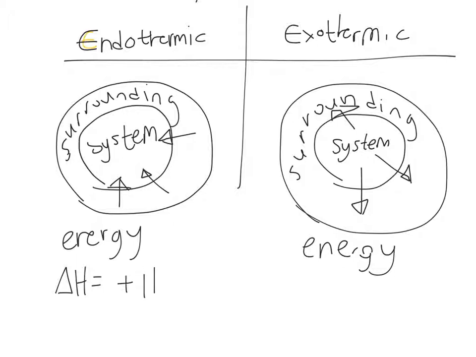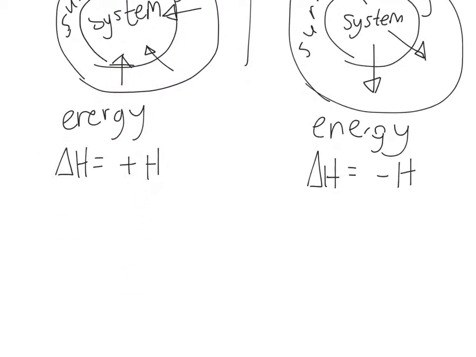You'll have a positive enthalpy, and that means that the change in enthalpy for an exothermic reaction would result in a negative value. And another thing is, we have endothermic on my left side here, but that also means that you are going to be putting in energy to make the reaction happen.